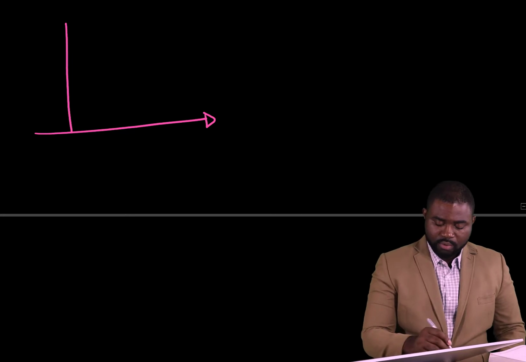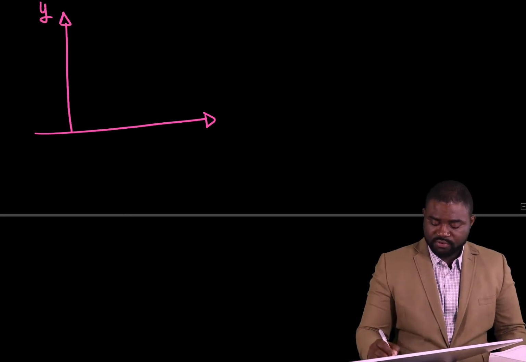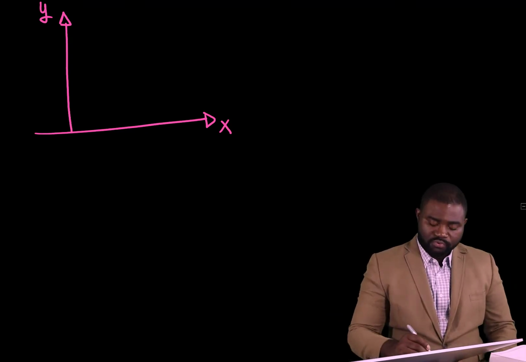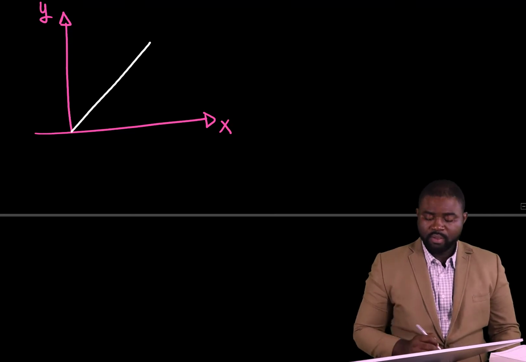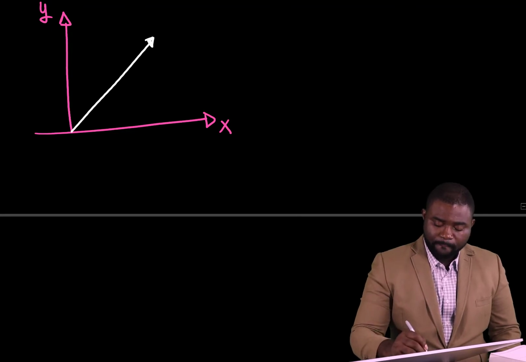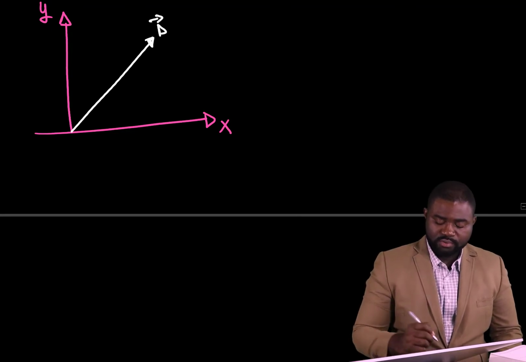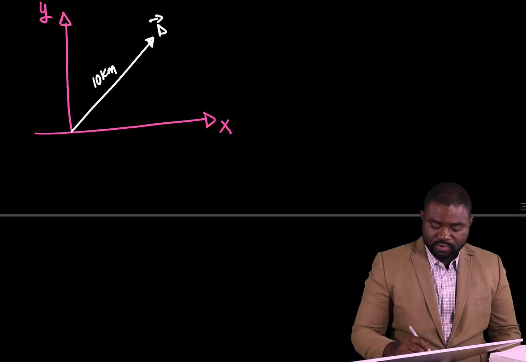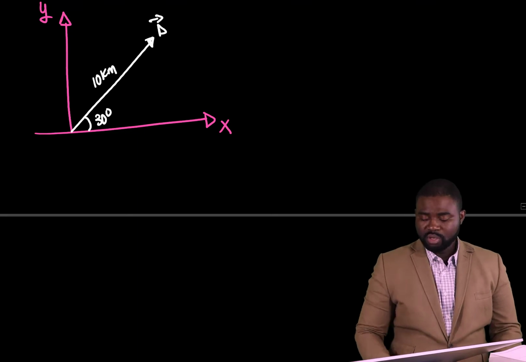Let me do an example. This is the y-axis, this is the x-axis. Let's say that John moves a displacement, the displacement of John, which I'm going to represent as vector D, is 10 kilometers at a certain angle, let's say 30 degrees, to the horizontal.